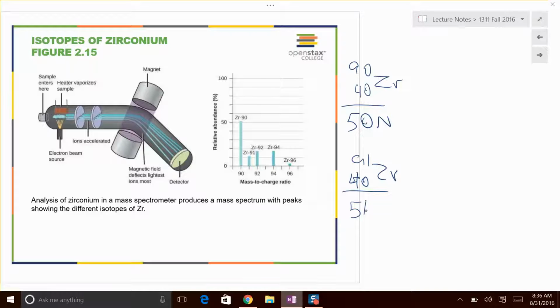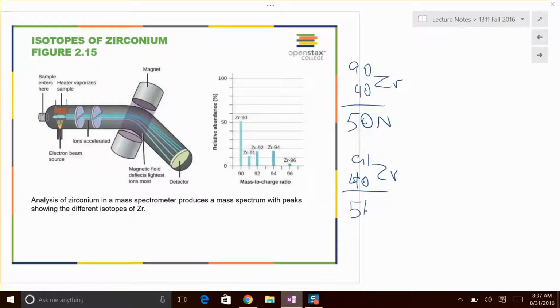Isotopes are atoms of the same element with different masses. So zirconium here has 1, 2, 3, 4, 5 isotopes within that sample of zirconium. Now, are all of those isotopes stable?